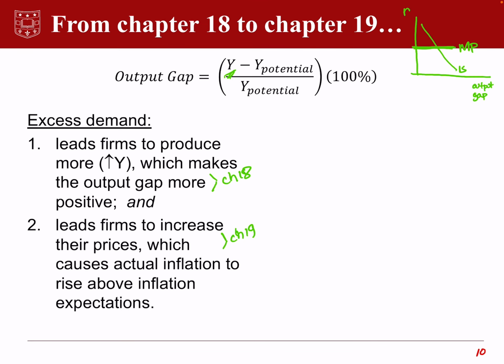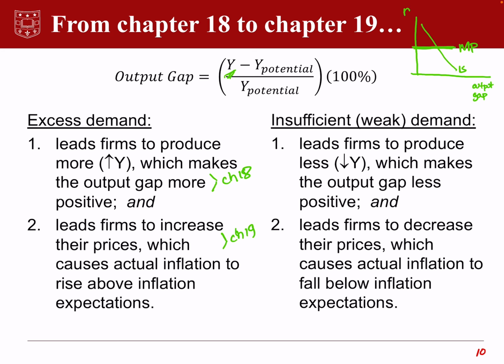Similarly, if we have insufficient demand for goods and services, or weak demand, so perhaps the IS curve shifts to the left for some reason, then that might lead firms to produce less output, which would make the output gap less positive.